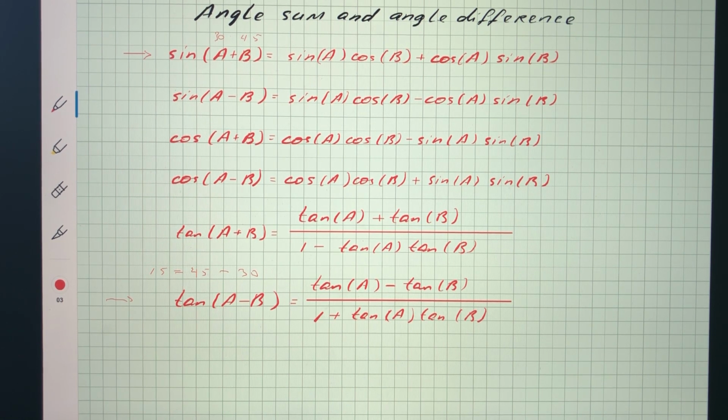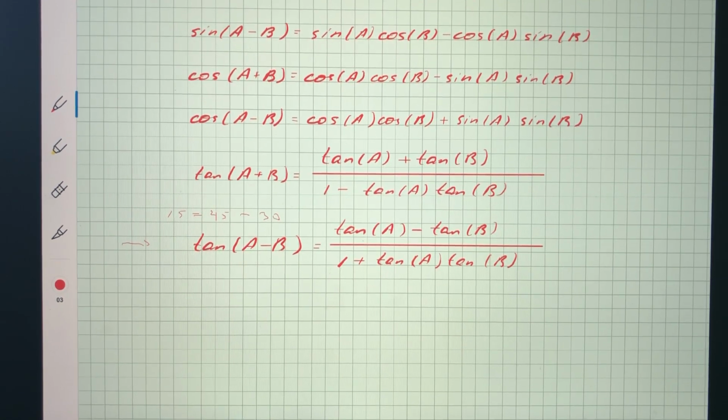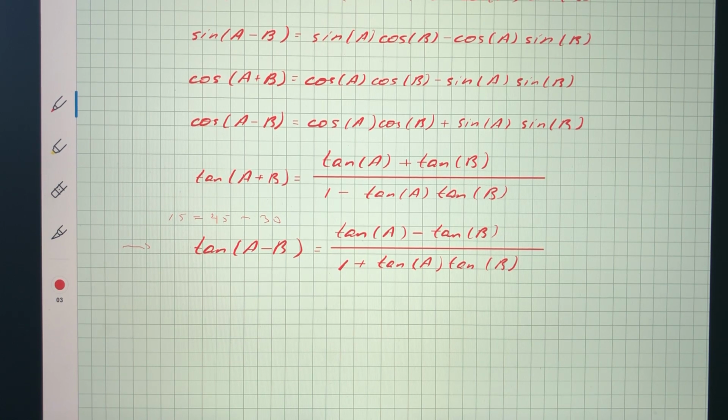So in one example, let's compute the sine of 75 degrees using the first formula. Here below, let's rewrite what the formula is, and then we will substitute the values as we go. So find the sine of 75 degrees.